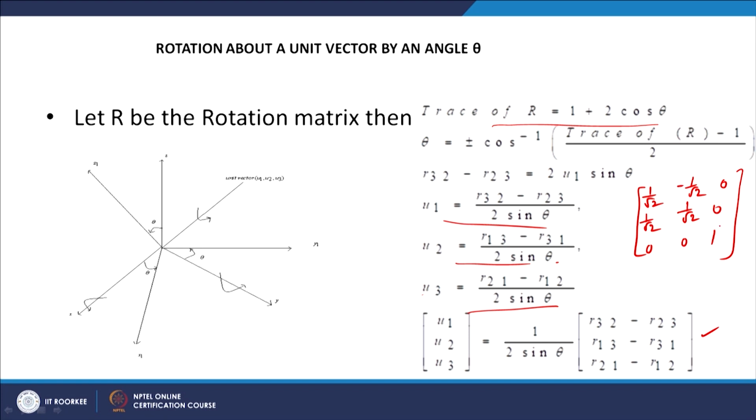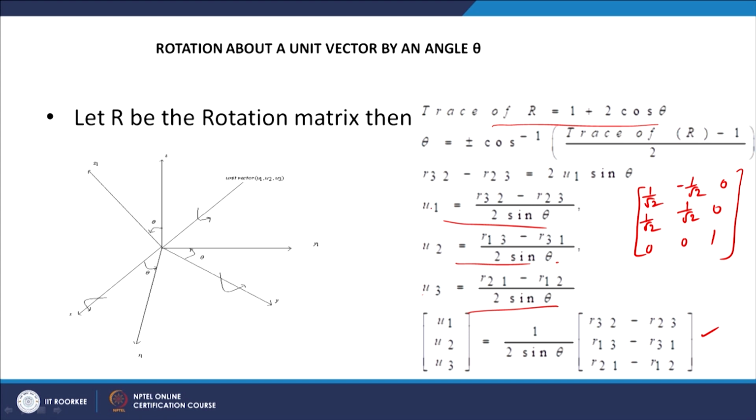If this is the given matrix, how much angle was rotated and which is the axis of rotation, we can calculate. u1 is R32 minus R23; R32 is 0 here and R23 is also 0.